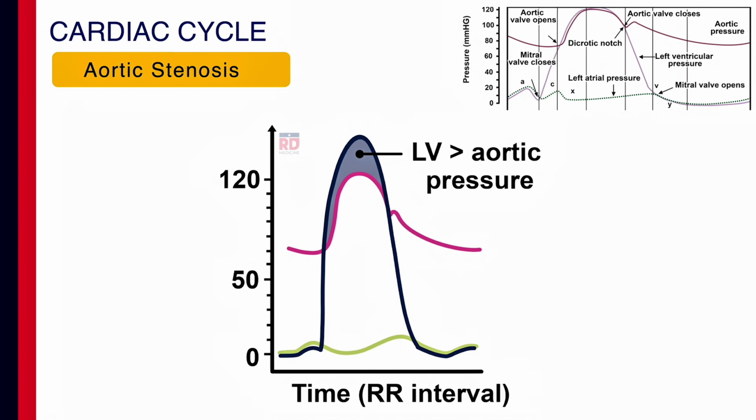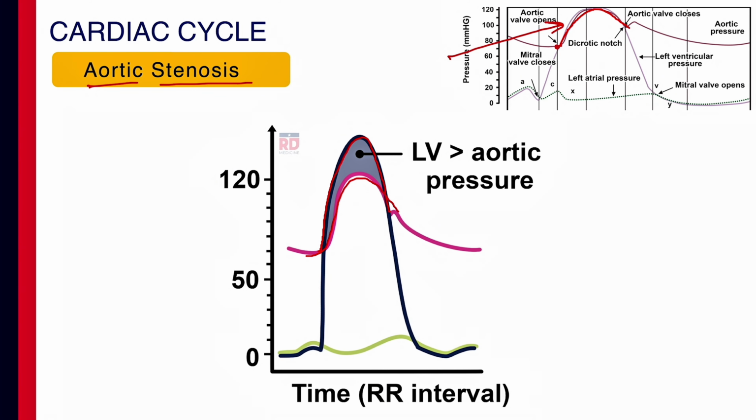Let's focus first on aortic stenosis. In aortic stenosis, the left ventricle has to generate a much higher pressure during systole to push blood through the narrowed aortic valve, so afterload is significantly increased. Now look closely. You see that the left ventricle pressure rises much higher than the aortic pressure. That's not what happens in the normal heart. Normally, aortic pressure and left ventricle pressure rise together once the valve opens.